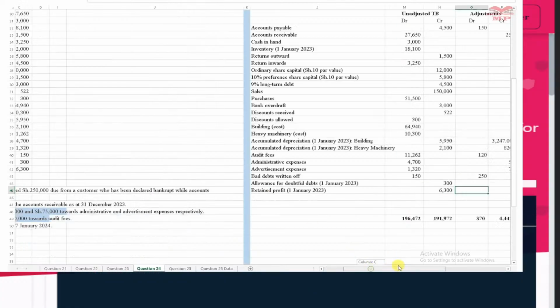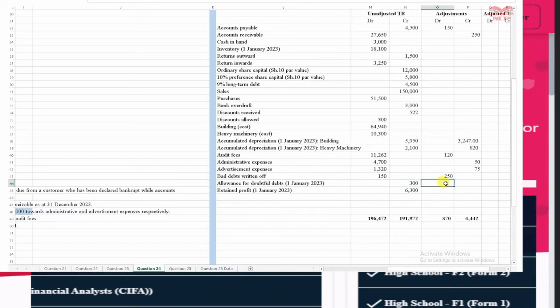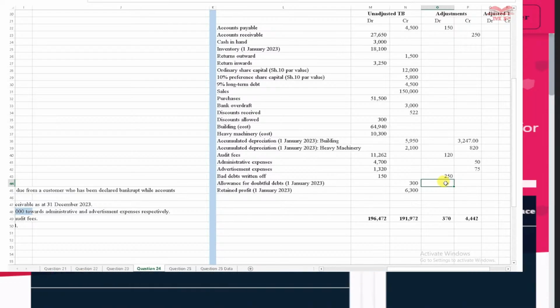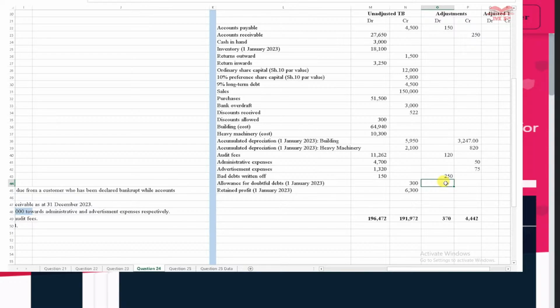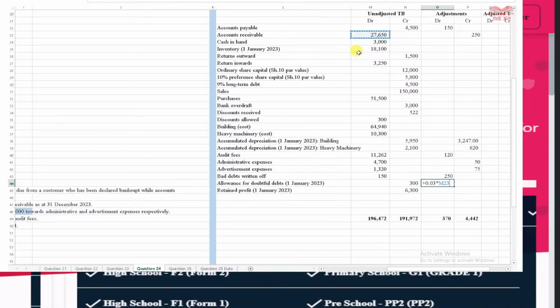So let me see, 3% times accounts receivable. Like that.